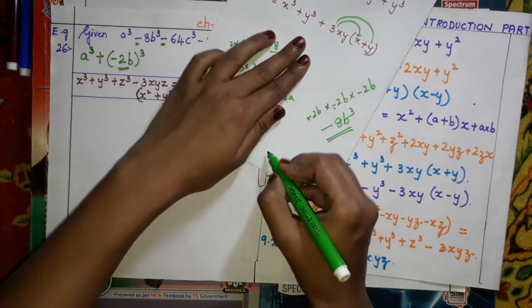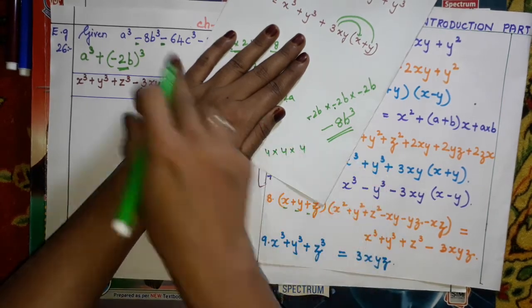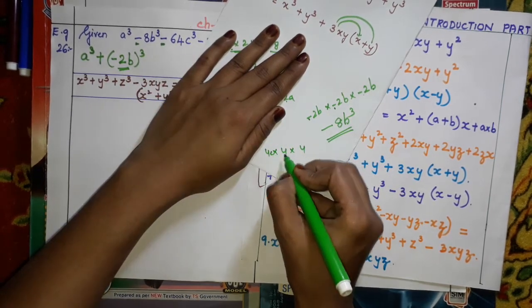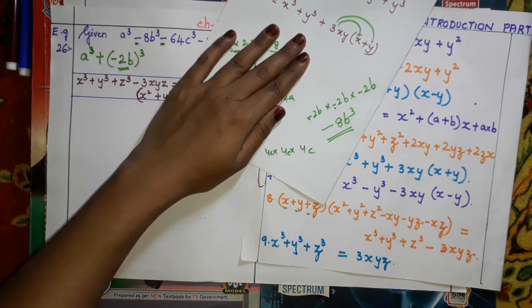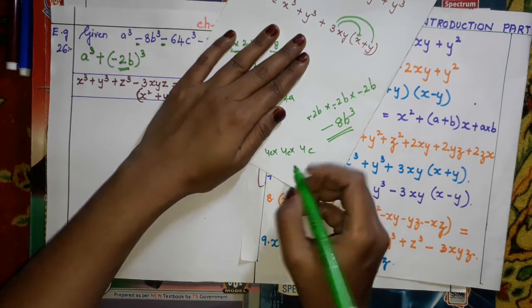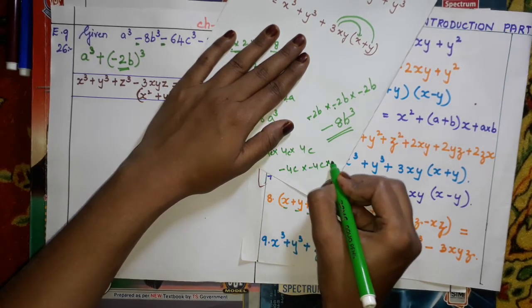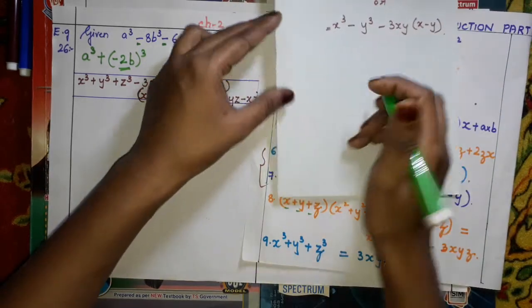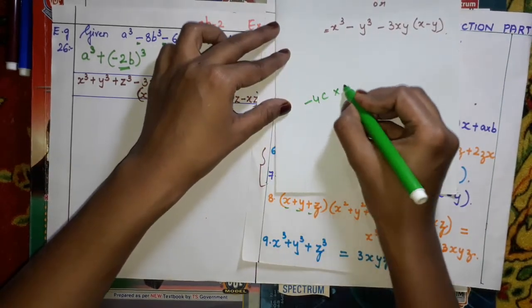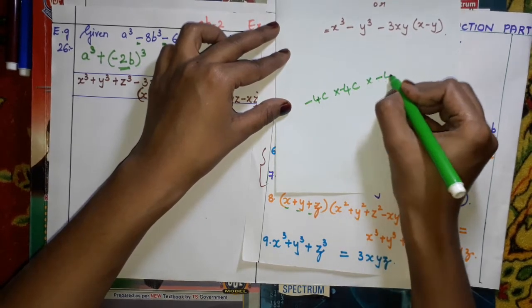Now for 64 also we have to do the same thing. 4 into 4 into 4 is nothing but 64. Here c is there, so we'll write c, c, c. Now here we have minus, but we want plus, right? So we'll write minus 4c into minus 4c into minus 4c.